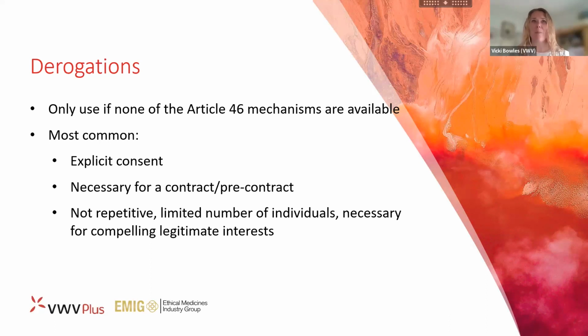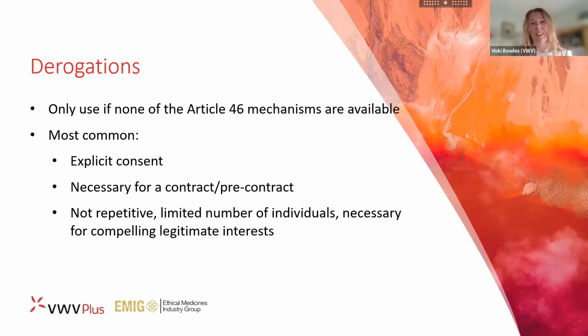Where this has come up previously is where an organisation wanted to do a pre-employment check on an individual that had been working abroad. So they were sending the individual's information to that country so that an agency there could do the pre-employment check for them and then send the information back. They might have been able to use the derogation if the standard contractual clauses weren't appropriate to put in place between them and the organisation carrying it out.